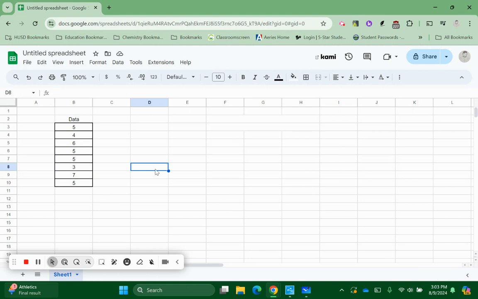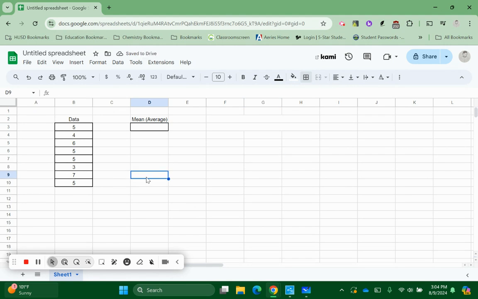I want to analyze this information to try and get more out of it, to look for patterns or anything like that. The first thing that I'm going to do is calculate what's called a mean. A mean is just simply an average. It's basically where's the middle of the data.